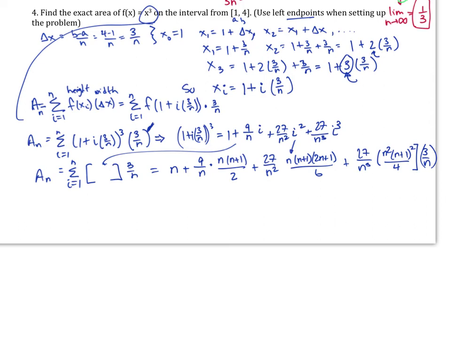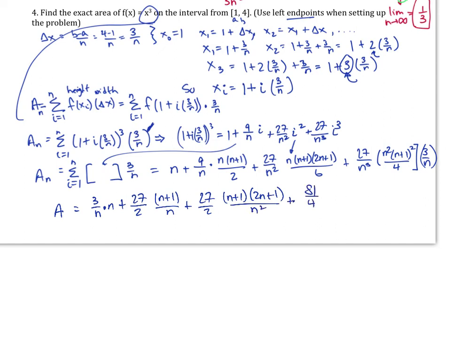So, cleaning all this up, I will get the area equals 3 over n times n plus 27 over 2 times n plus 1 over n plus 27 over 2 times n plus 1 times 2n plus 1 over n squared plus 81 over 4 times n plus 1 squared over n squared.